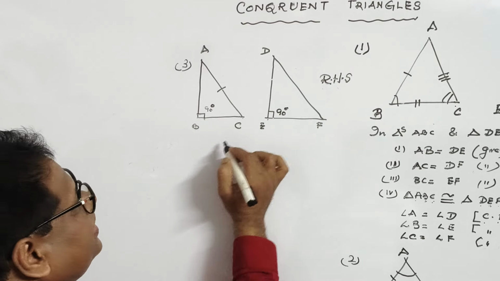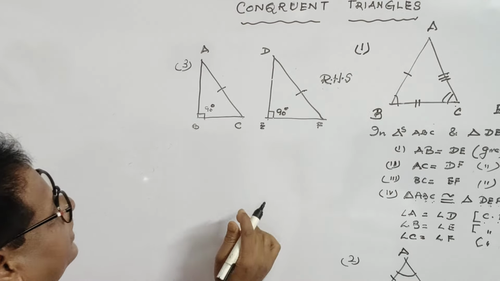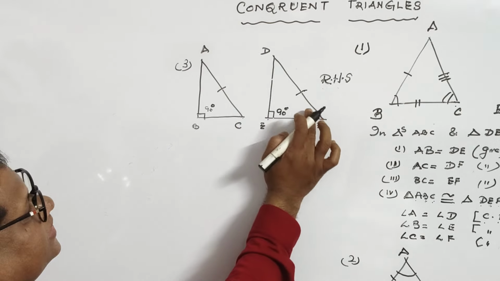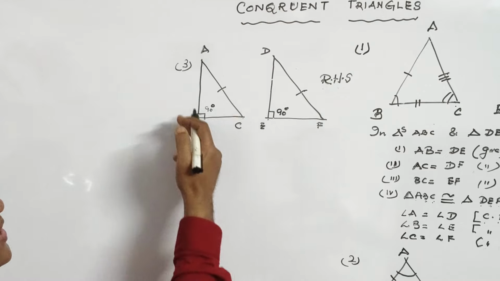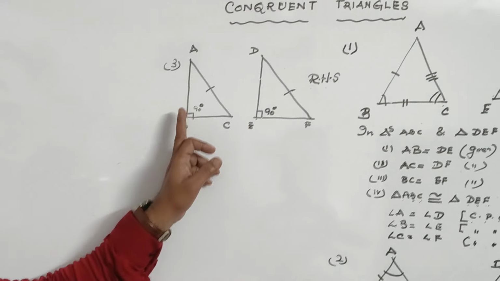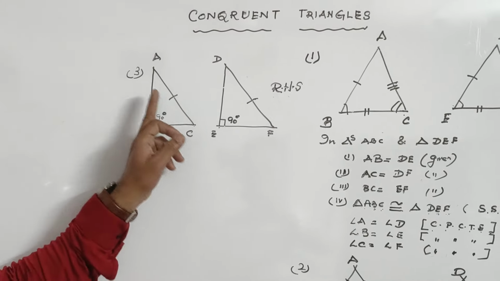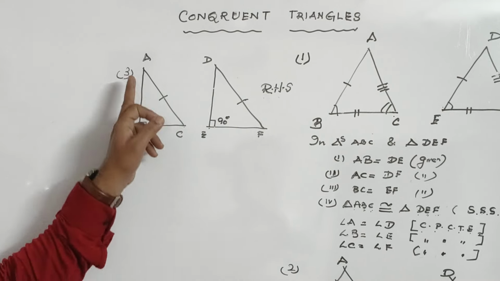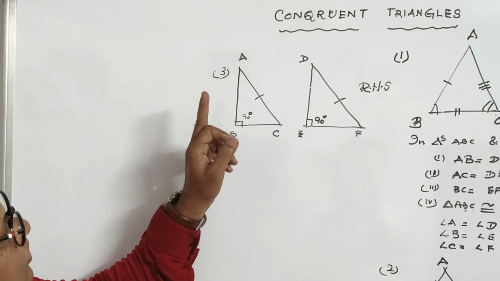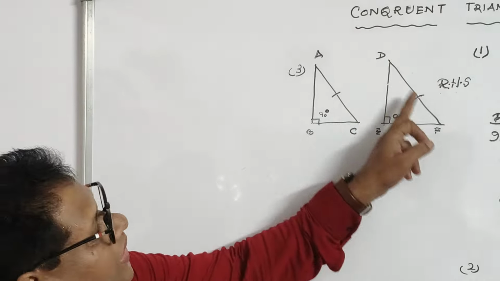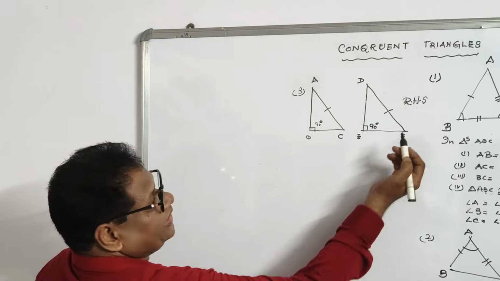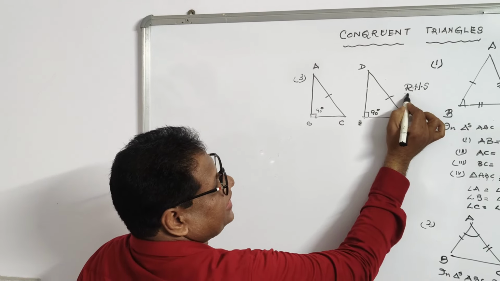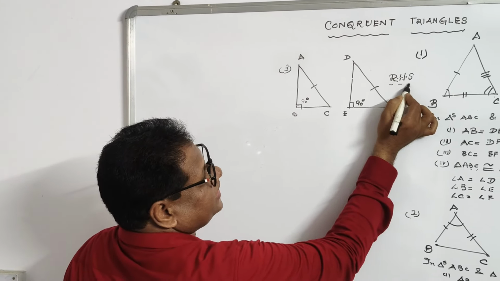Here we have AC equals to DF. That means these are the 2 sides which are hypotenuse. Hypotenuse is the longest side in a right angle triangle. That means the side opposite to 90 degree in a right angle triangle is the hypotenuse. So here AC is the hypotenuse for triangle ABC. DF is the hypotenuse for triangle DEF. So the full form of this is right angle, hypotenuse, one side.